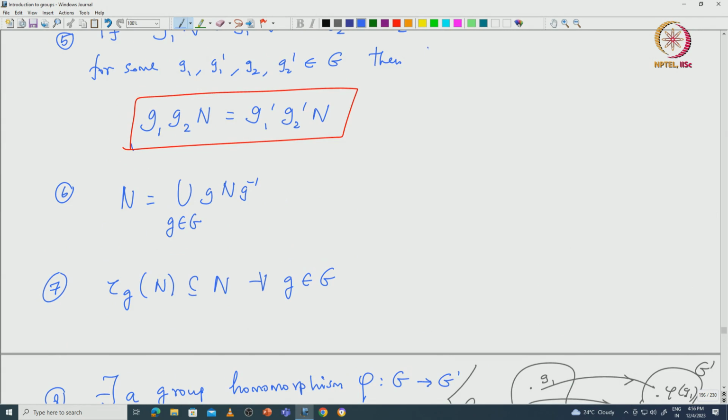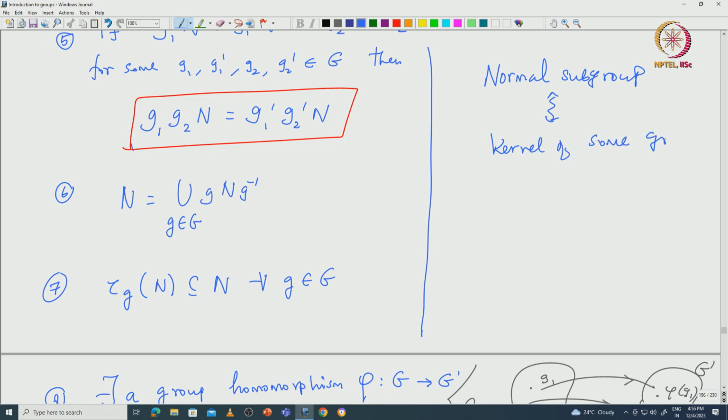I want you to remember, whenever you take a normal subgroup, it corresponds to the kernel of some group homomorphism, for example from G to G dash.